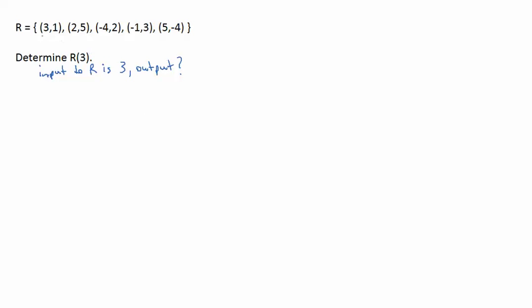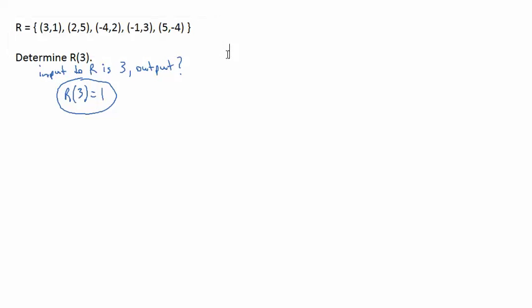So I go up here, I locate where an input is 3. Well, here there's an input of 3 and nowhere else. If anywhere else had an input of 3, this wouldn't be a function. So my input is 3, and whenever 3 is my input, my y value, or my output, is 1. So when 3 is the input to R, that equals an output of 1. So R of 3 equals 1.